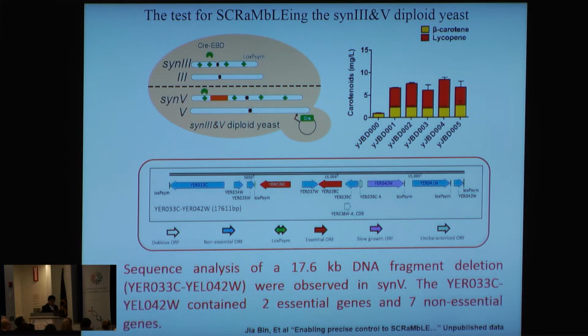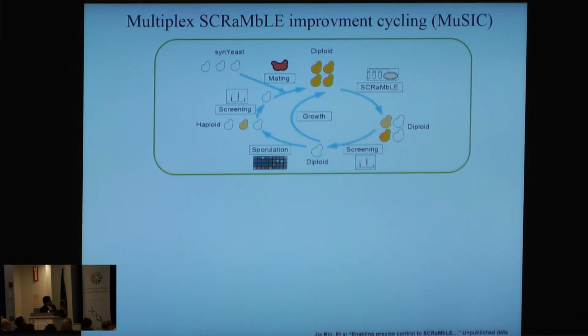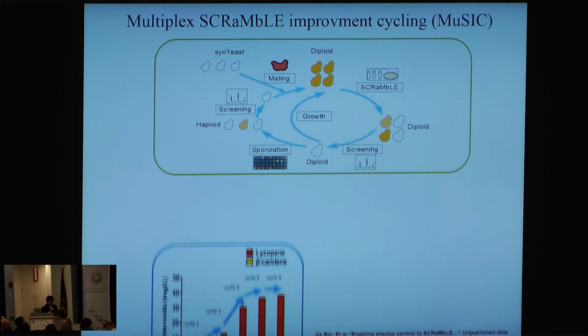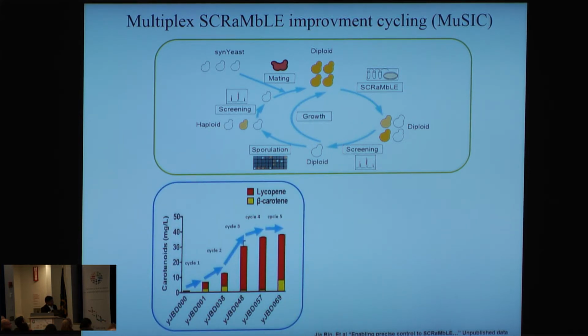So next, we make a multi-scrambling improvement. That is, we scramble them, get the diploid, then grow again, and re-scramble them. And up to now, we have 5 rounds of these scrambles.